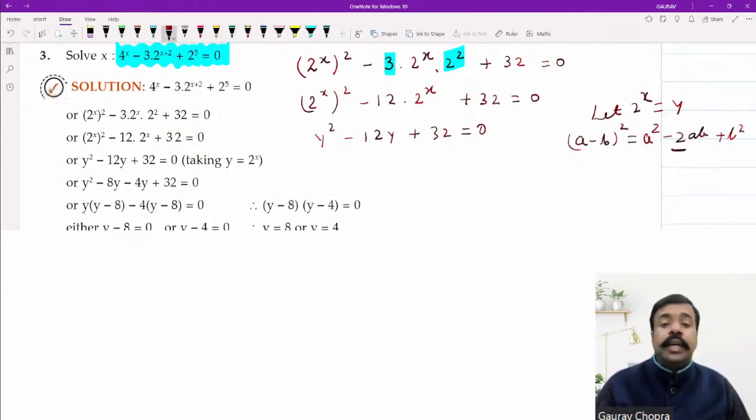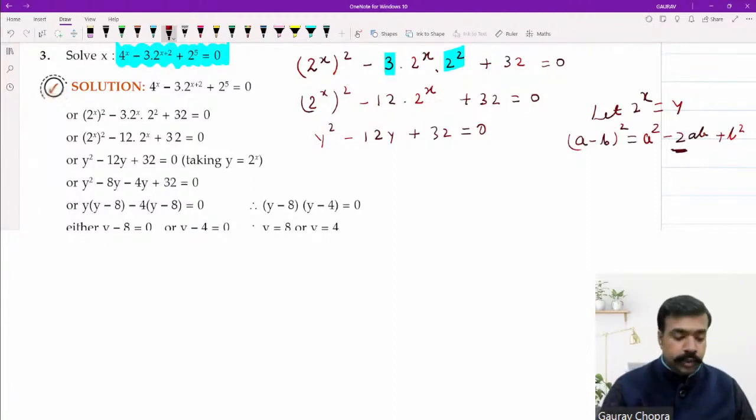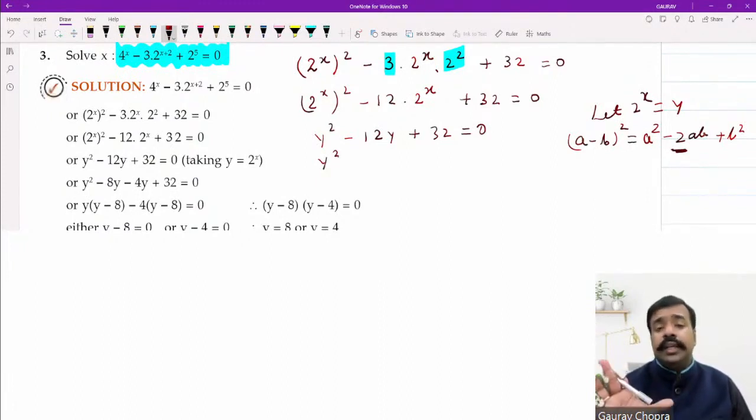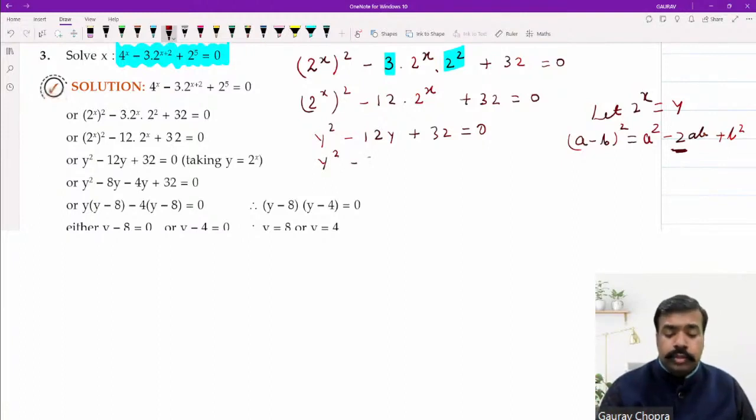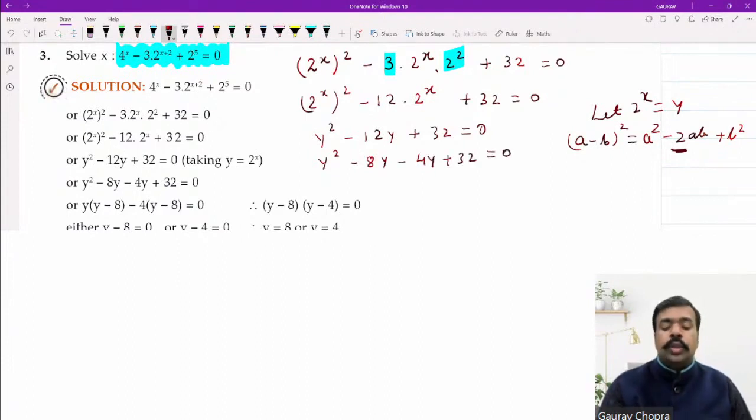So we have to separate this 12 from the middle term. Simply, what can be done, we can split it. So it will become y square minus 8y and then minus 4y plus 32 equal to 0.